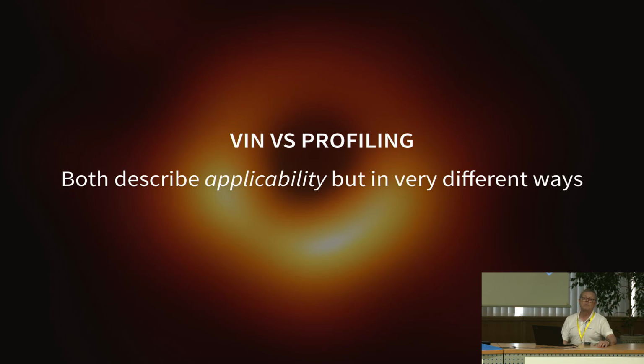So, thinking about VIN numbers for chains again, because a VIN does describe a configuration of a vehicle, a car. It will also describe applicability, but it's very different from a DITA profiling approach, two very different things.